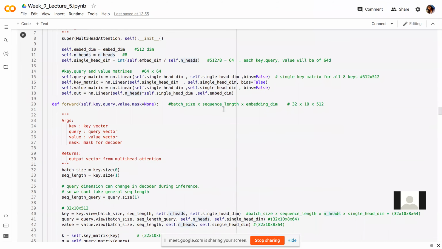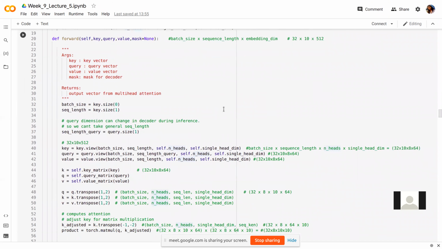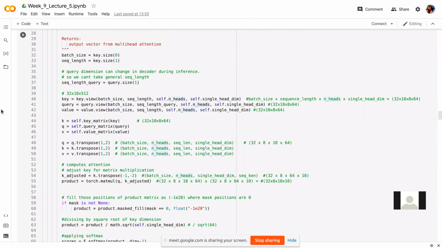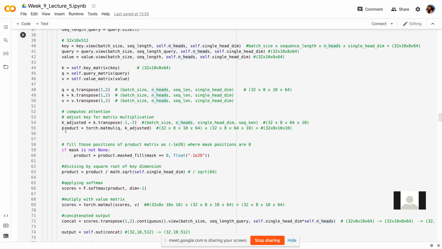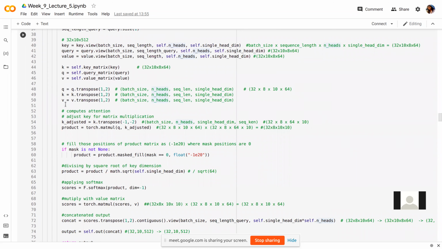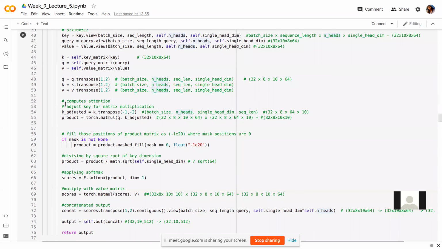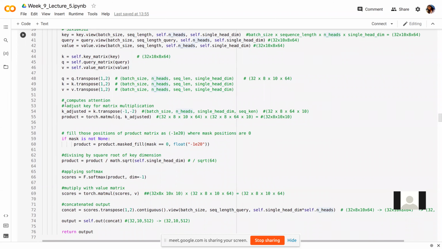So coming back to this, we will apply the key matrix over the key to get the k vector, query matrix over the query vector to get the q, and value matrix over the input value to get the v. Once we have this q, k, v, the next step is to compute the similarity of the query with the key.